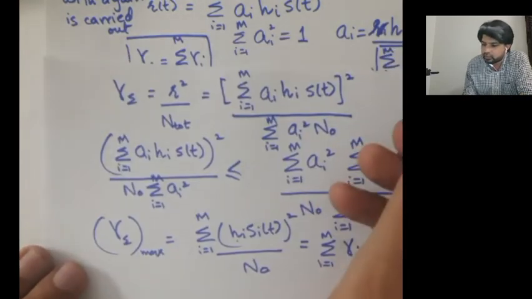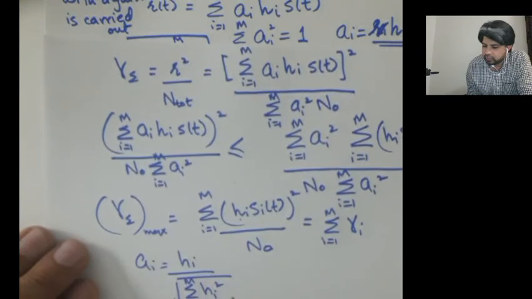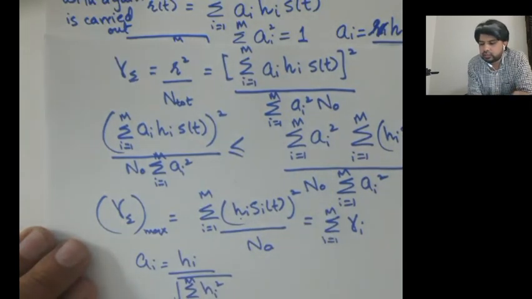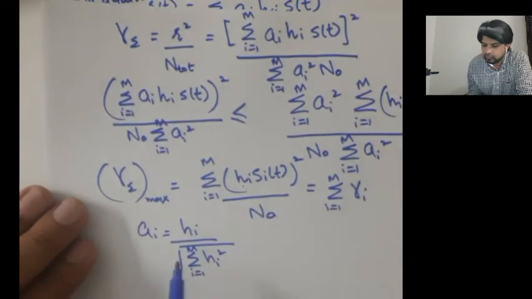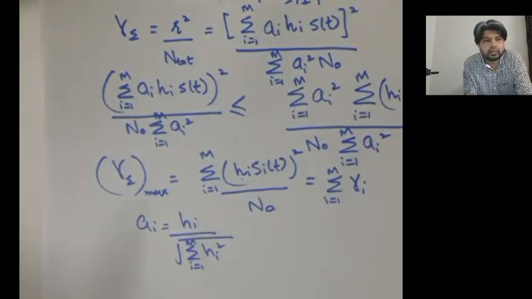We wrote down here, if a_i is equal to h_i over the square root of summation i equals 1 to capital M of h_i squared, if that is your a_i, the left hand side of this inequality and the right hand side of this inequality would be equal. So that is the value of the gain that brings you that, which is equivalent to the maximal ratio combining.